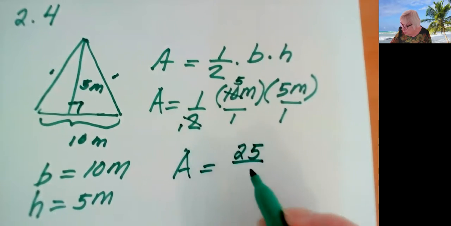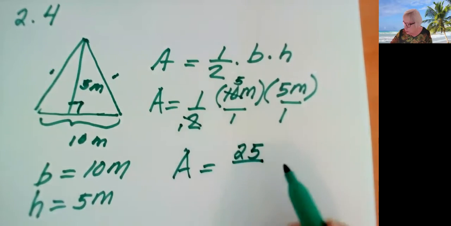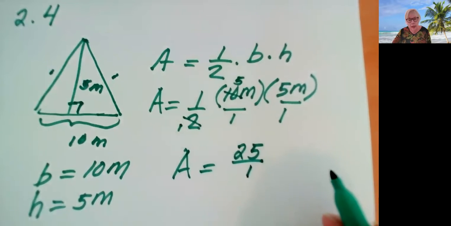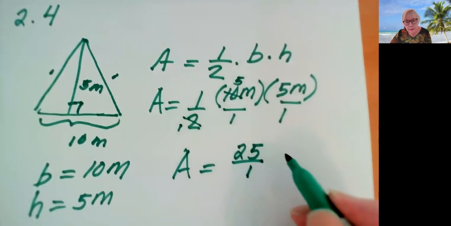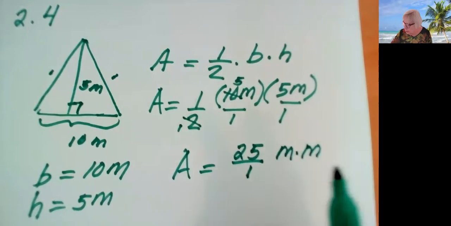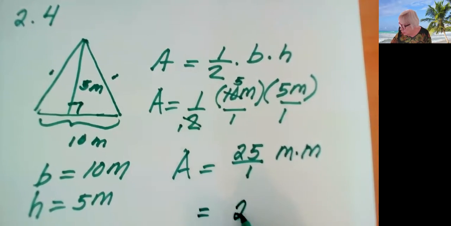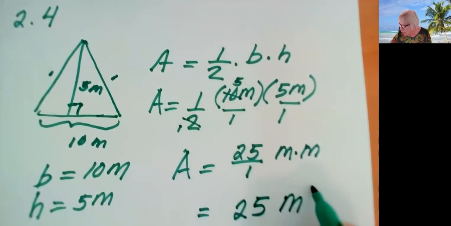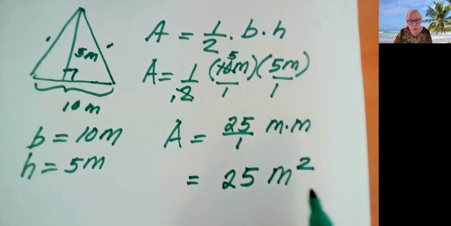25 over 1 times 1 times 1 over 1. And so we're just going to say 25 because that's easier. And then we have meter multiplied by meter. And what we'll write for our final answer is 25 meters squared, or you could say it's square meters.